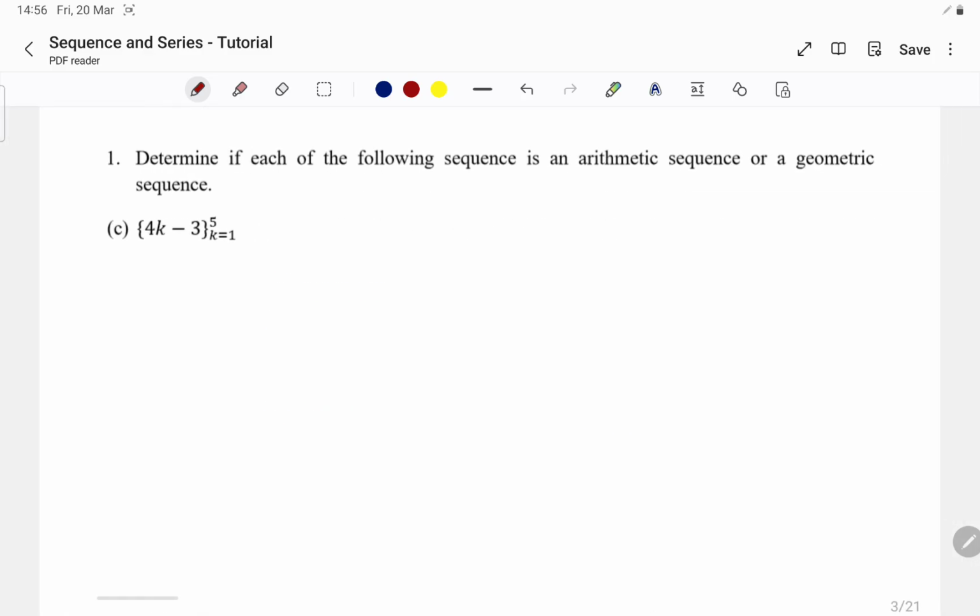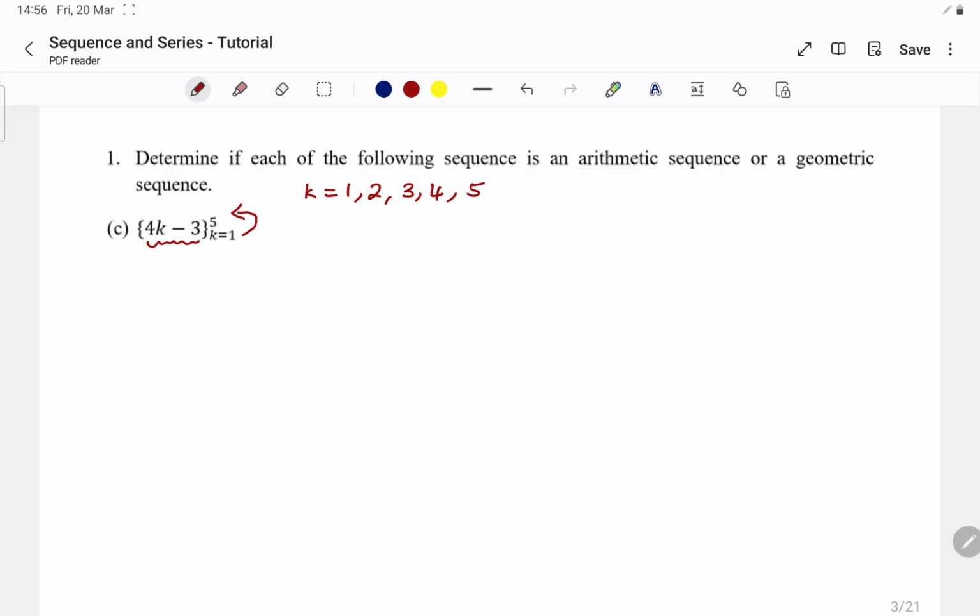Question C, we have 4k minus 3, starting from k equal to 1 until 5. So how to do this question? Easy, huh? We have the term 4k minus 3, and this k equal to 1 represents the number of terms, starting from k equal to 1 until 5. So your k is 1, 2, 3, 4, until 5.